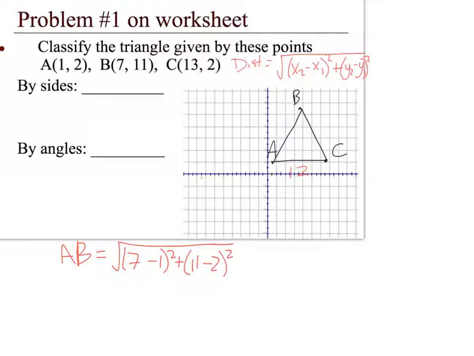In all honesty, the order of the x's doesn't matter. I could do 1 minus 7 or 7 minus 1 because once I square it, it's going to become positive, right? So that's 6 squared is 36 plus 9 squared is 81. So that's going to equal the square root of 117.